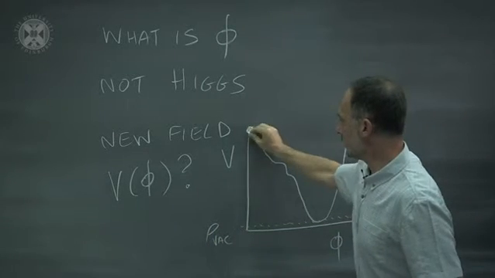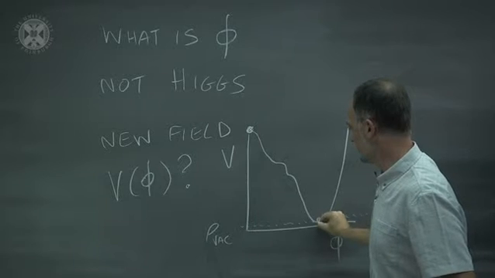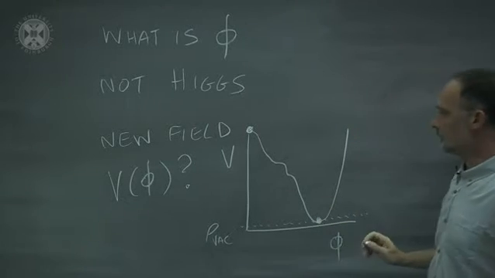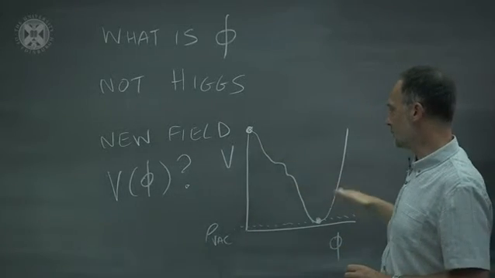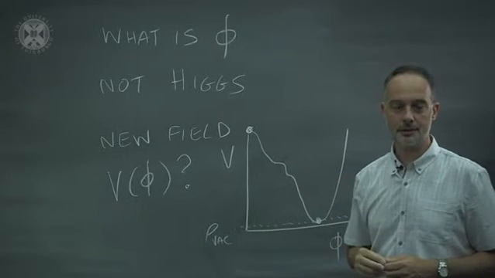So the universe at early times was here, and now it sits here. So doing a lot of cosmology comes down to thinking about different forms for this function and exploring their consequences.